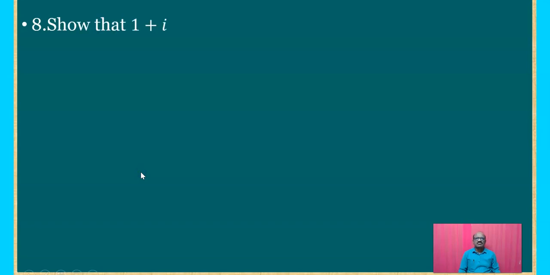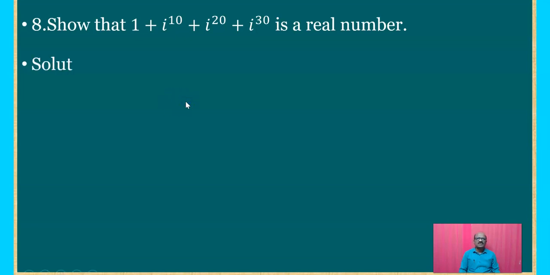Next is question number 8. Show that 1 plus i^10 plus i^20 plus i^30 is a real number. See this here, we'll simplify this.